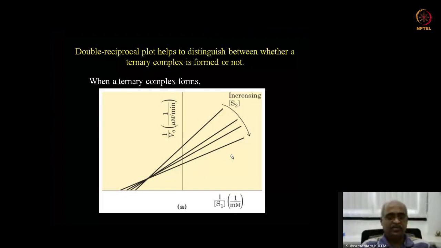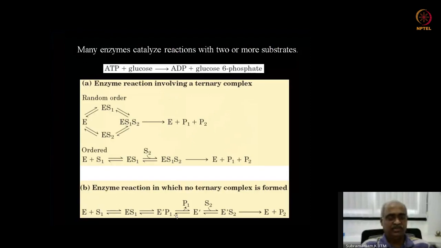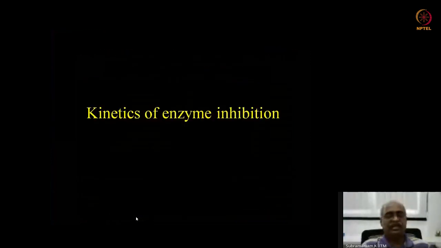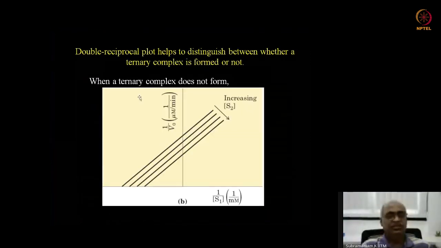And in a case where you have this situation, the presence of substrate 2 will have no consequence on E binding with S1, because only E prime can bind S2. So S2 concentration is not going to affect this. And due to this, you get parallel lines for the situation where there is no ternary complex. The Km by Vmax does not change at all.